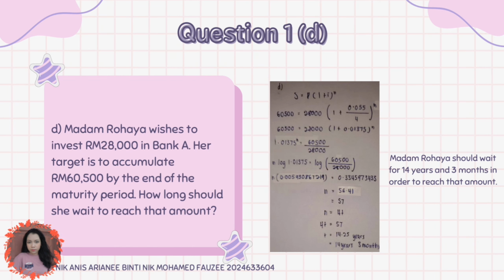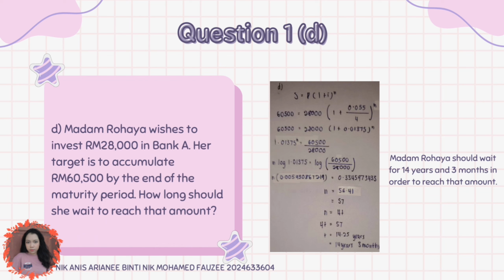After that, 60,500 equal 28,000 open bracket 1 plus 0.01375 close bracket the power of n.